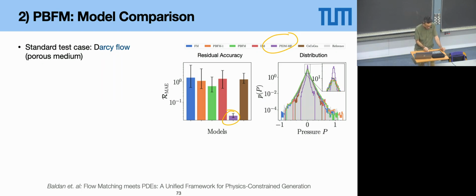However, if you look at the solutions you get, so on the right side here, you have the distribution over the different pressure values. If you look at the tip, it actually has a lot of mean values in this purple, and then also here on the side, this is the cutoff for the spread of the different pressure values.